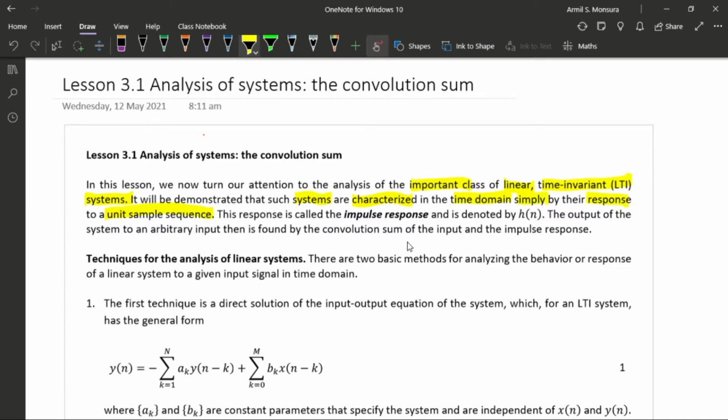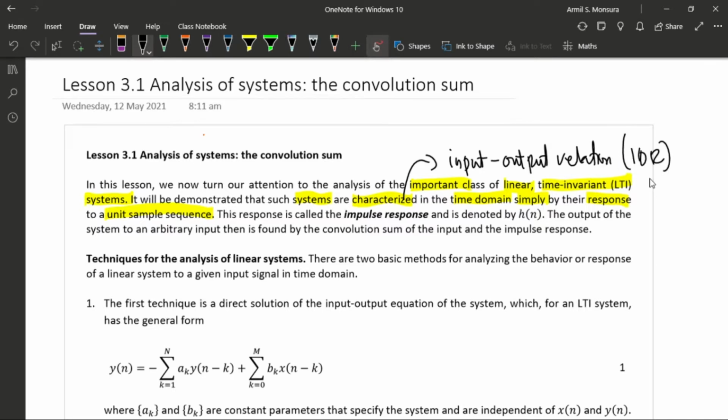In the previous lesson, we already discussed that one way to characterize a system, not just the linear time invariant class but any discrete time system, is what we call the input output relation, or the IOR.